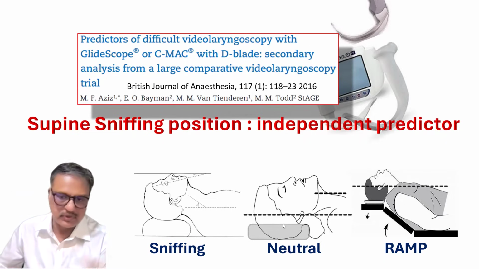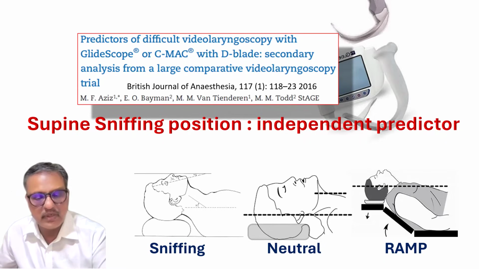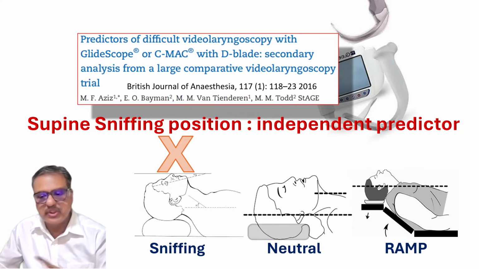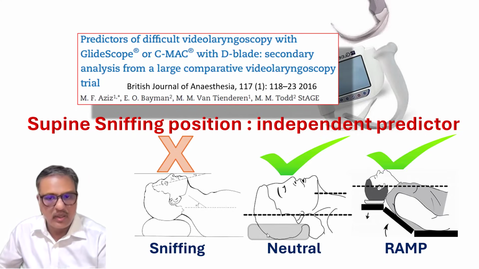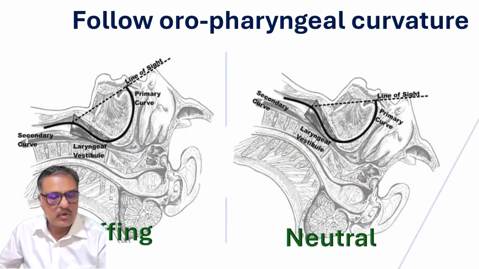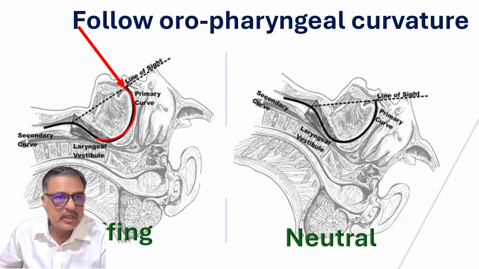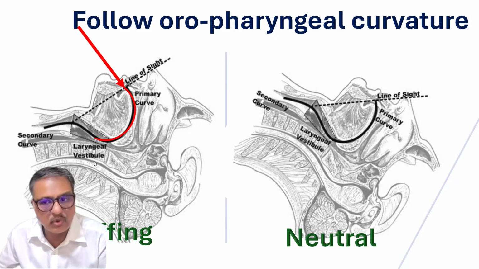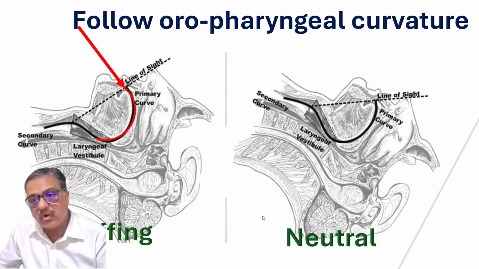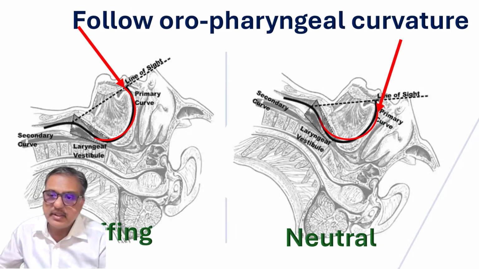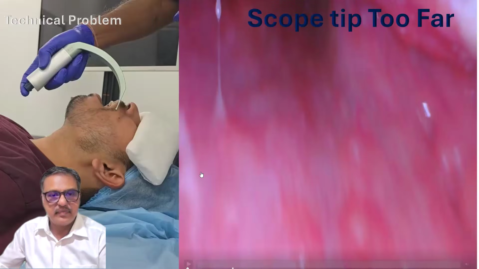For oxygenation, sniffing position is fine, but for hyperangulated blade videolaryngoscopy, you have to change to neutral or extension. Why is it so? Because many times sniffing position increases the difficulty level, with the handle touching the chest wall and not being able to insert. But if you make it neutral or extension, you can easily insert the blade inside.